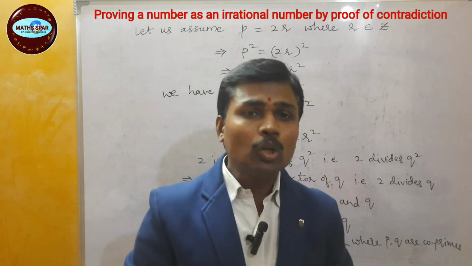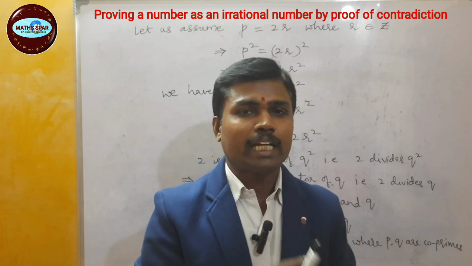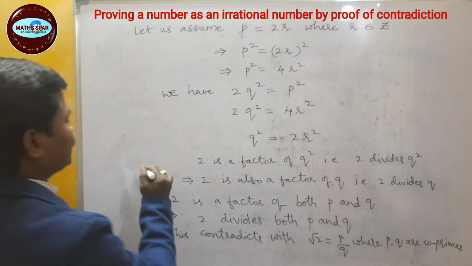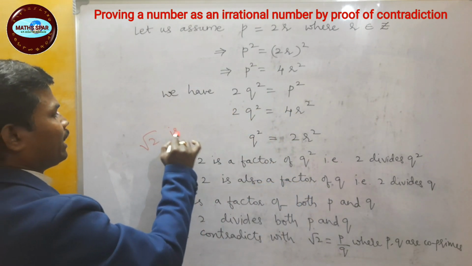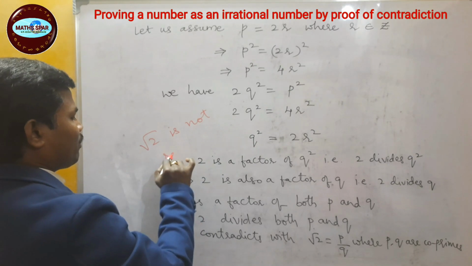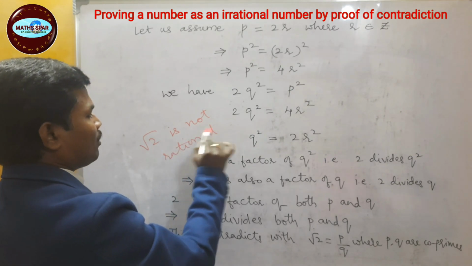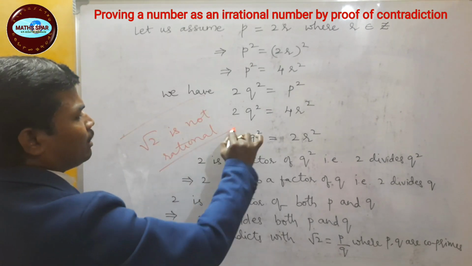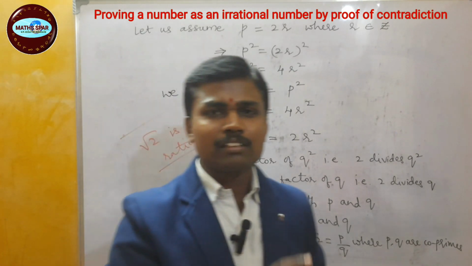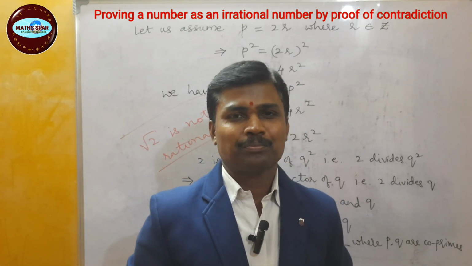Therefore, root 2 is not a rational number. We write root 2 is not rational. When root 2 is not rational, it is irrational.